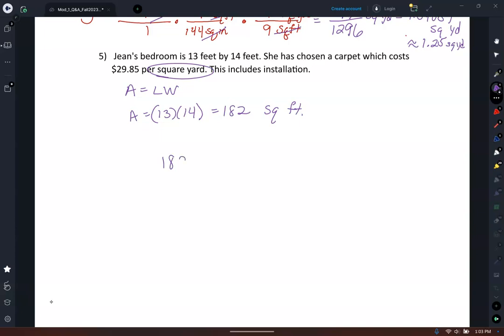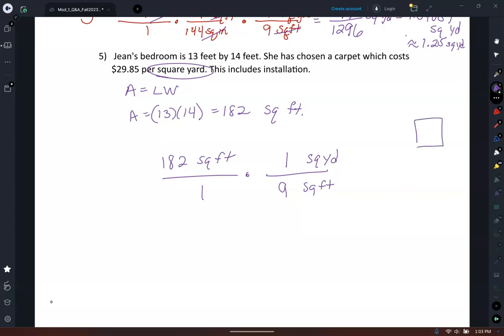So I have the 182 square feet over 1 times, put your bar, square feet in the bottom because I want them to cancel. So I'm using unit analysis, not proportion. And then in the top, it would be square yards. And then we have 1 square yard for 9 square feet.